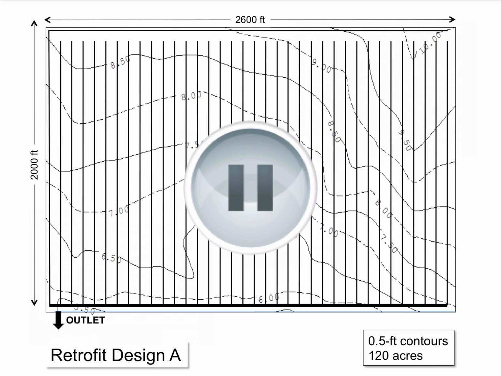Here's the exercise. What I'd like to have you do is, for this field and existing drainage system, I'm going to give you 2 drainage control structures, 2 water control structures that you have at your disposal, and you get to put them anywhere you want. I would like you to decide where to place these structures on this main, and then delineate the zone that is affected by that structure or those structures.